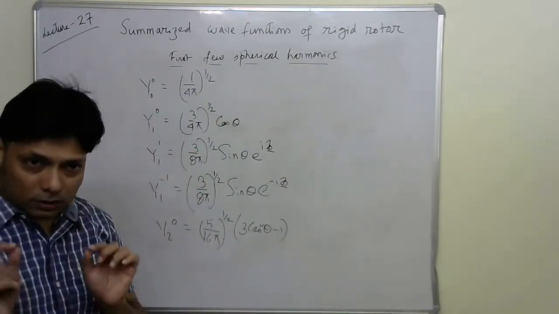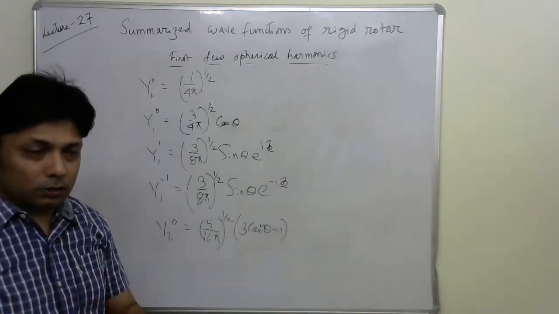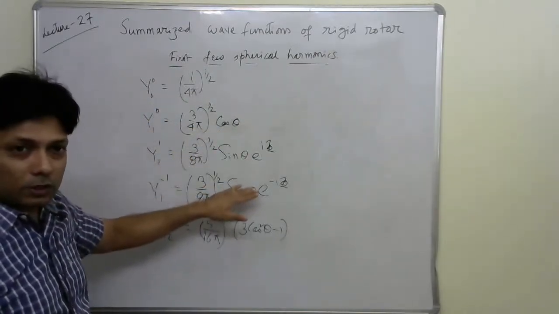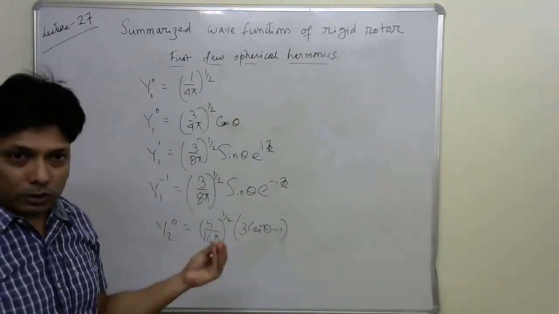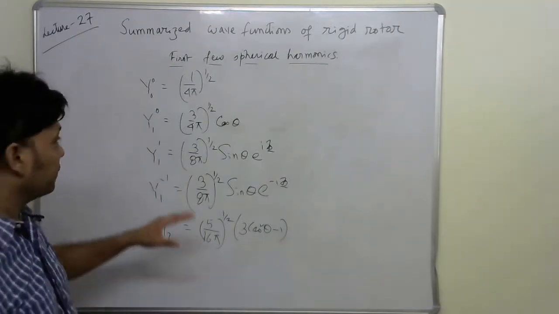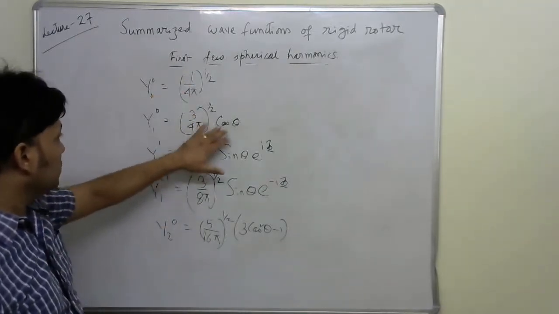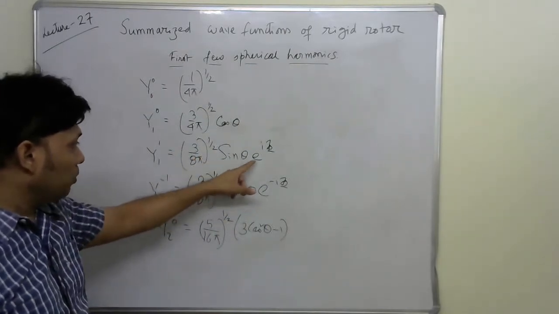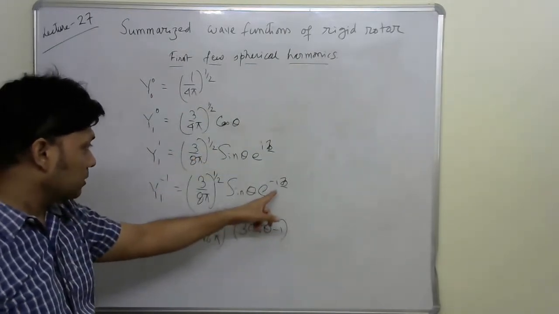Now it's your turn to find out whether you get these expressions right using those standard formulas. Okay, so this is the exercise you need to do. So Y_1^0 is this. See, it's cos theta here, sine theta e to the power i phi, sine theta e to the power minus i phi.